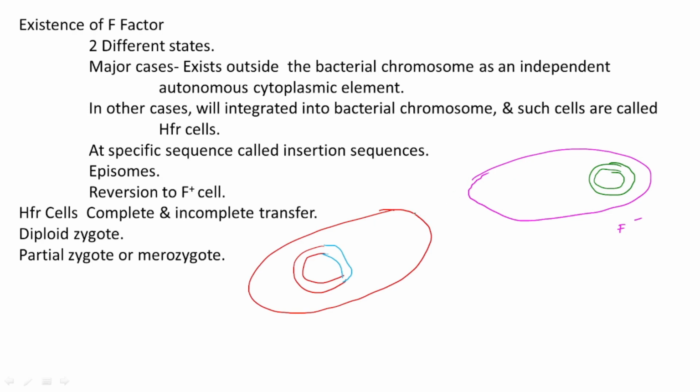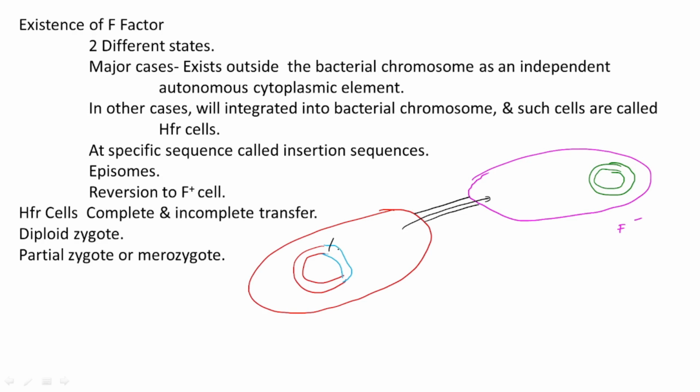A conjugation tube is forming, and an incision happens here, and the 5' end is first directed through that conjugation tube to the other bacterial cell in this way.